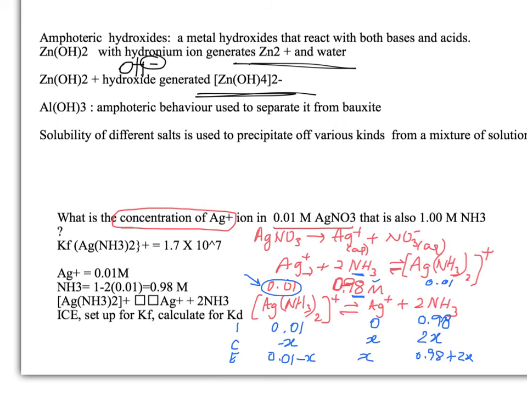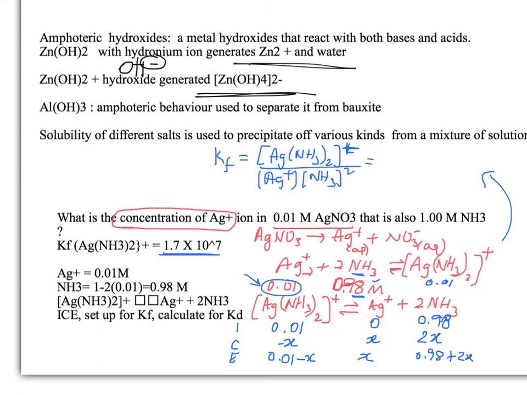Once you have established this, now it's just time to set up your KD. So you would say that the formation constant, which is the value that is provided in the question, would have been the silver diamine complex divided by the silver concentration and ammonia squared, and that value is 1.7 times 10 to the power of 7.